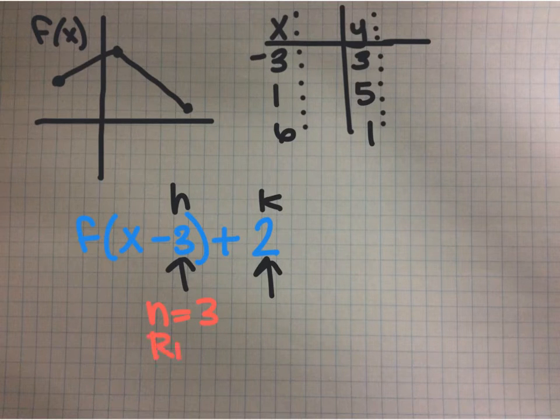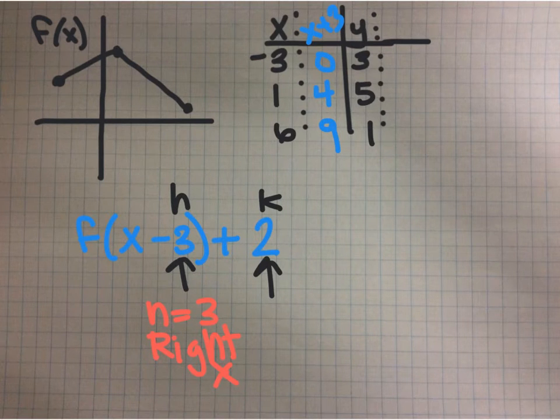That's going to move the graph to the right, which means we'll have to change the x part of our points. So up here in our table, I'm going to have my x's, and I'm going to add 3 to them all. So -3 plus 3 is 0. 1 plus 3 is 4. 6 plus 3 is 9.